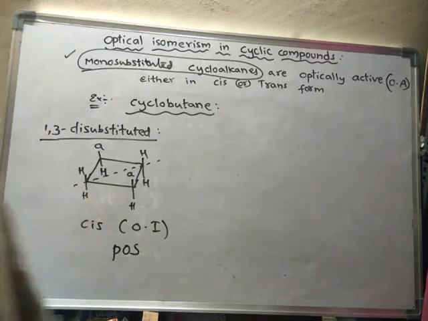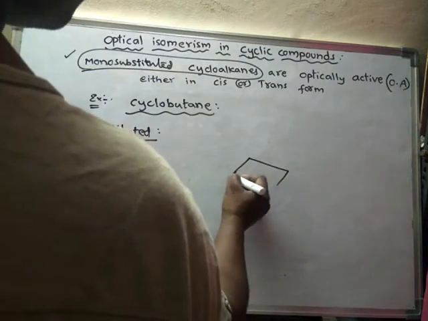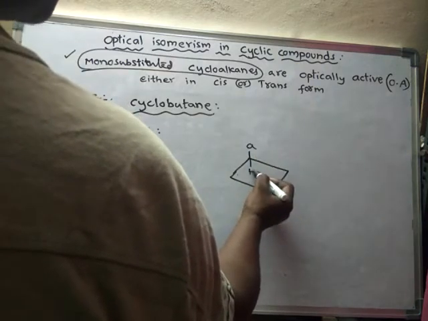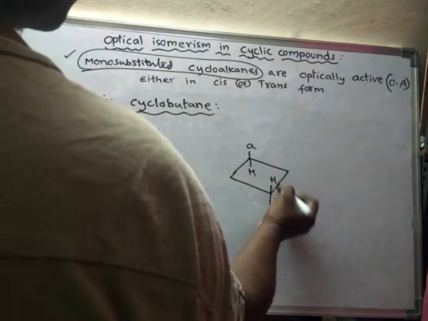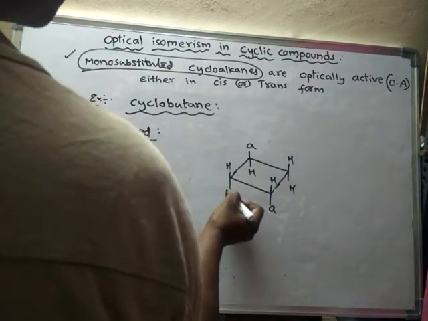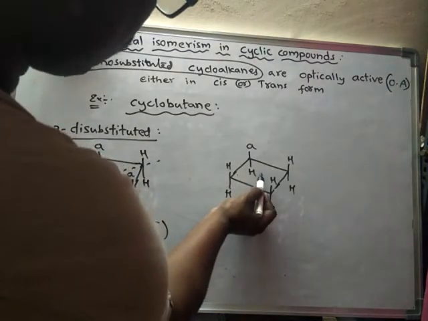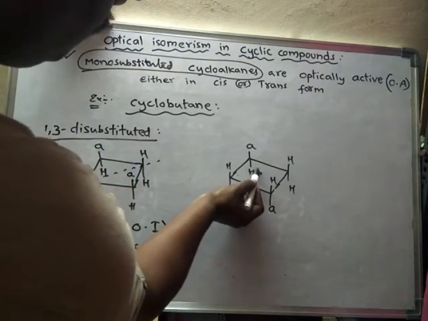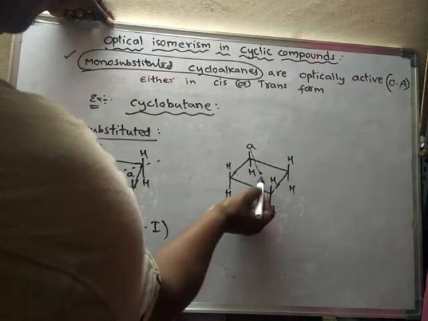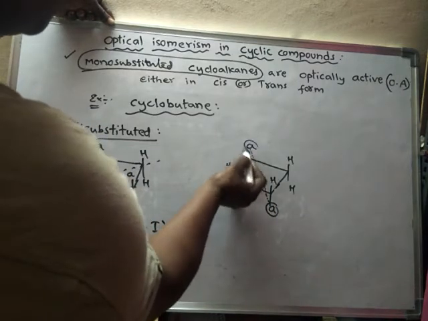If I take the trans form of the same compound, the same structure with A, H here and H, A, what happens? Through the center, if I move this side a certain distance, and move the opposite side through the same distance, I meet similar groups.